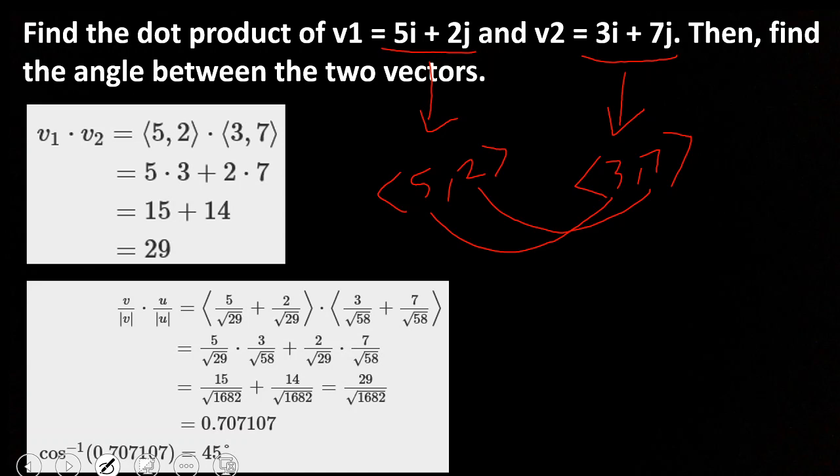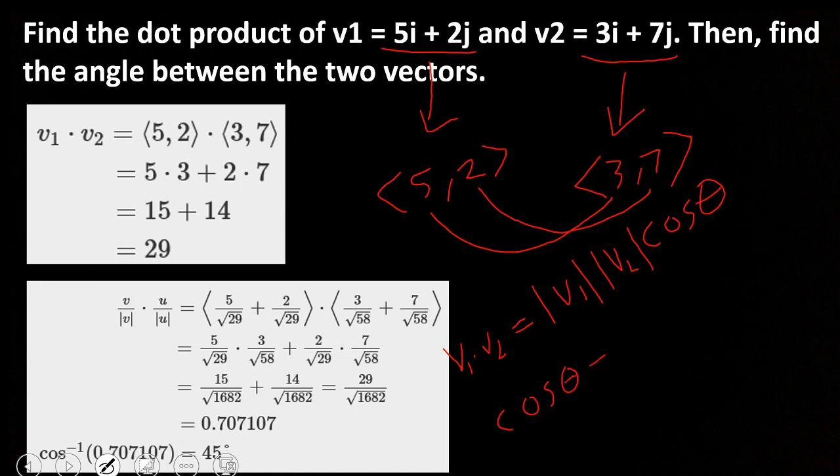Now, as we said, there's another way to do dot product. If you call this v1 dot v2, we know that this would be absolute value of v1 times absolute value of v2, and the cosine of the angle between them. So the cosine of the angle between them is equal to v1 dot v2 divided by what? Absolute value of v1 times absolute value of v2.